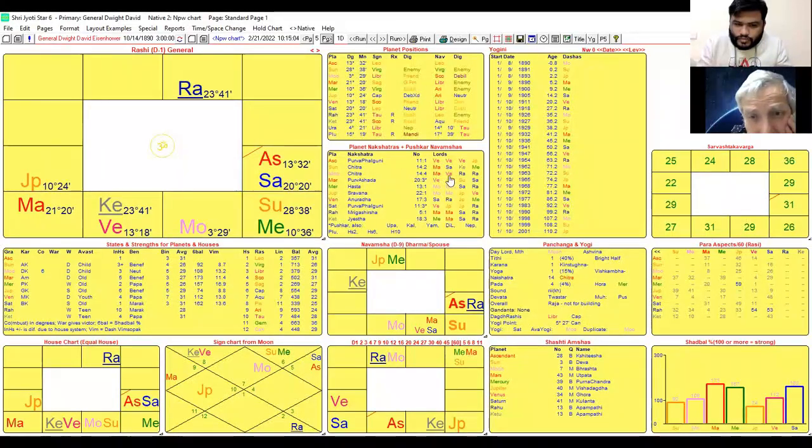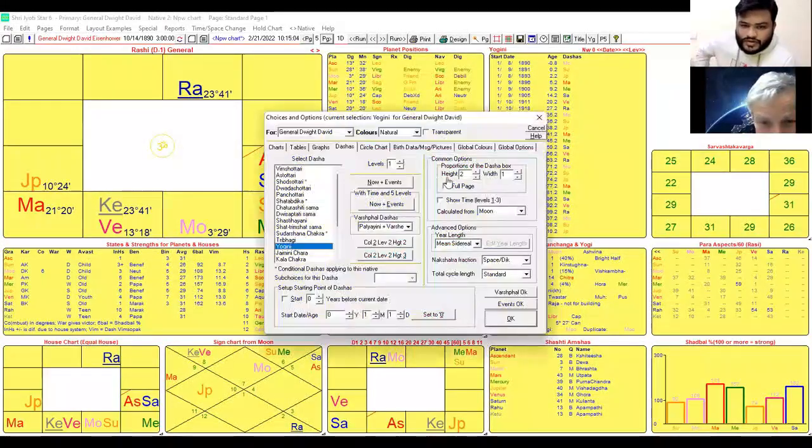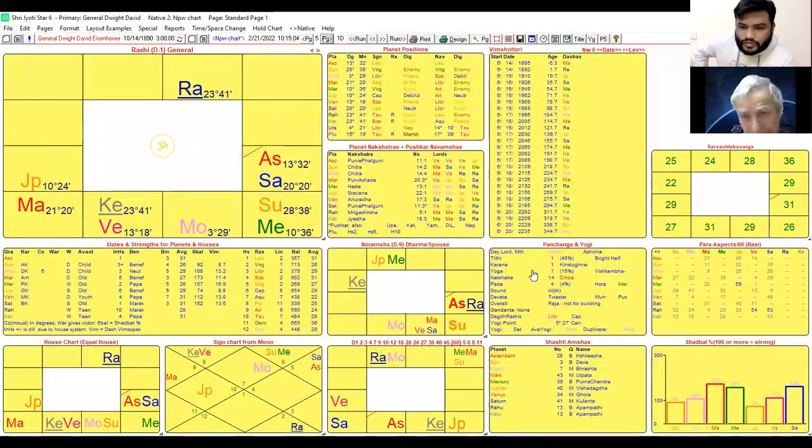Moon is in Chitra, and this is a different Mahadasha that I have. Hold on. This is his Yogini Mahadasha. So let's look at his Vimshottari first of all.